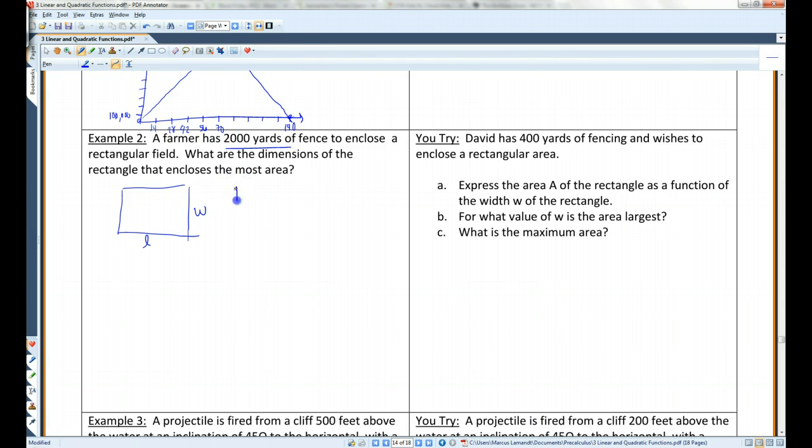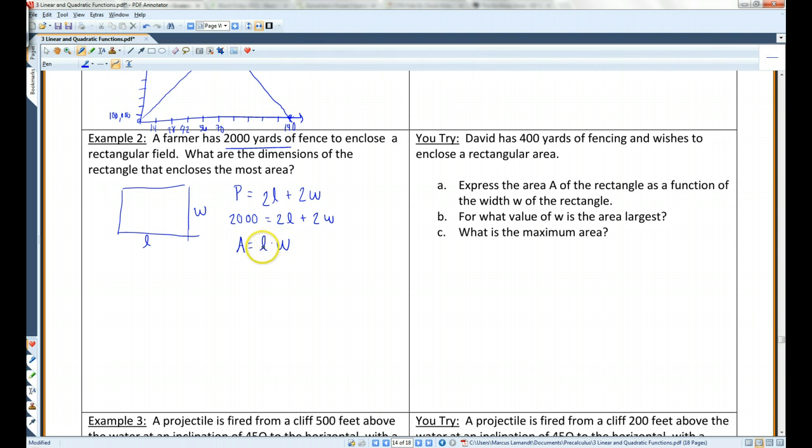Now, if you guys remember perimeter, the equation is 2L plus 2W. So this all has to equal 2,000. Okay? Now, the area is going to be length times width.